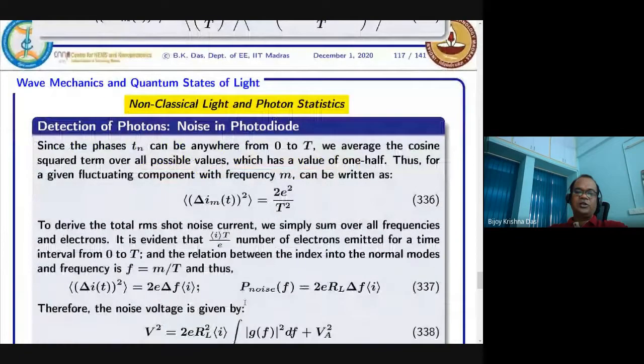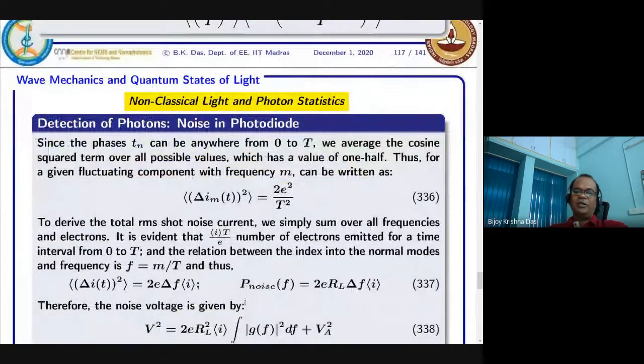Now you need to visualize this a little bit. Since the phase Tn can be anywhere from 0 to T, that is the occurrence. This Tn can happen somewhere between 0 and capital T. We average the cosine square term over all possible values, which has a value of 1/2.